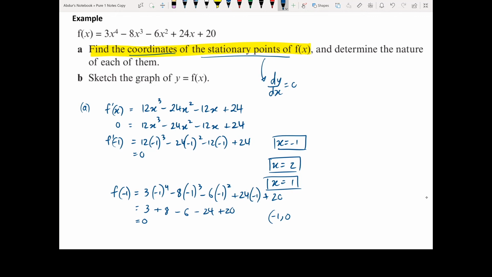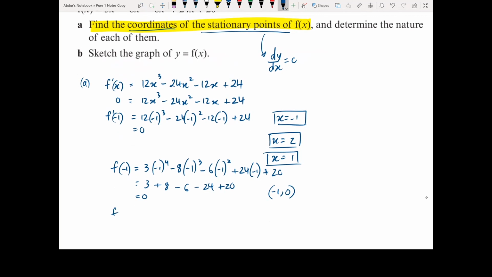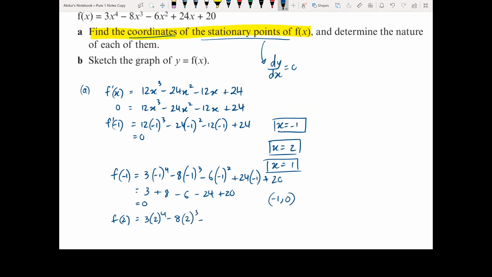Let's determine another stationary point, f of 2. So if we do f of 2, we'll get 3 times 2 to the power of 4, minus 8 times 2 to the power of 3, minus 6 times 2 squared, plus 24 lots of 2, plus 20.